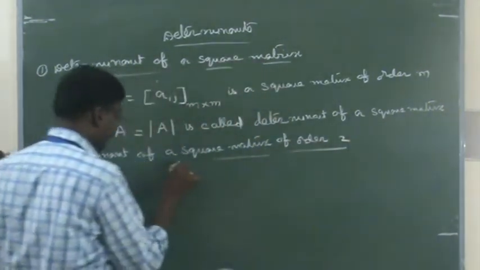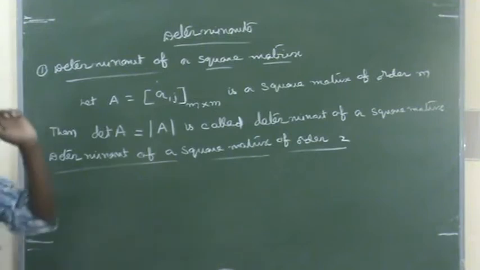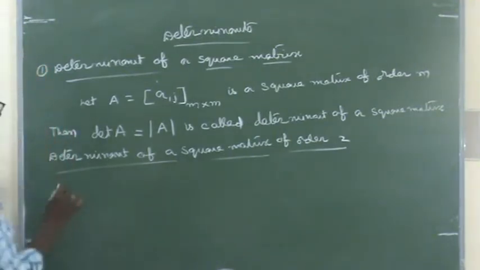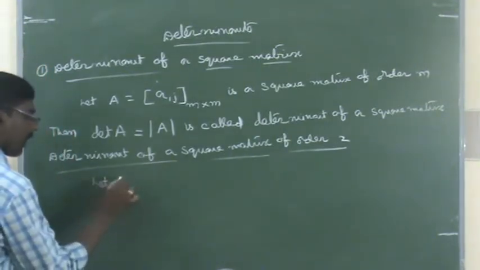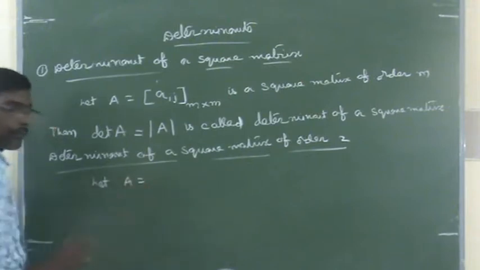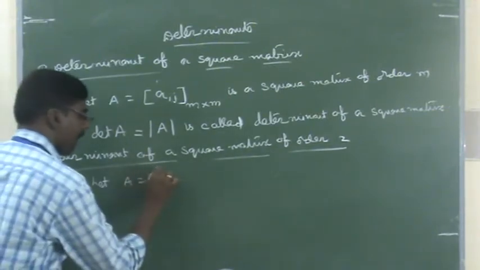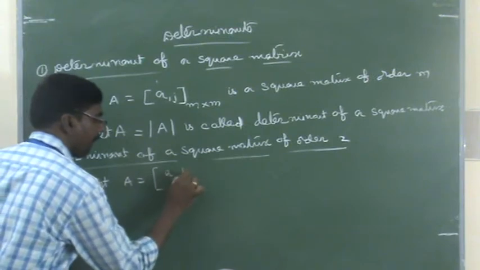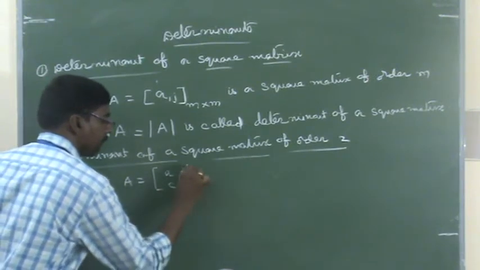Then you will get some clarity. Let matrix A, I should take some variables a, b, c, d. See this, a, b, c, d.